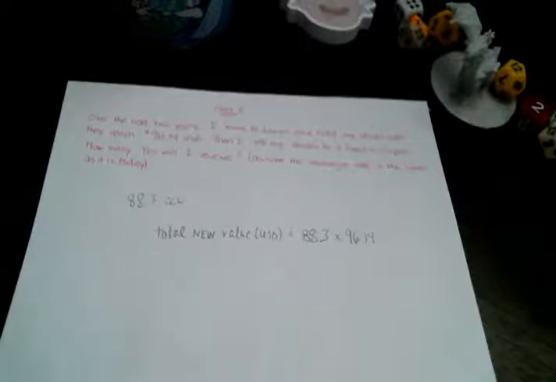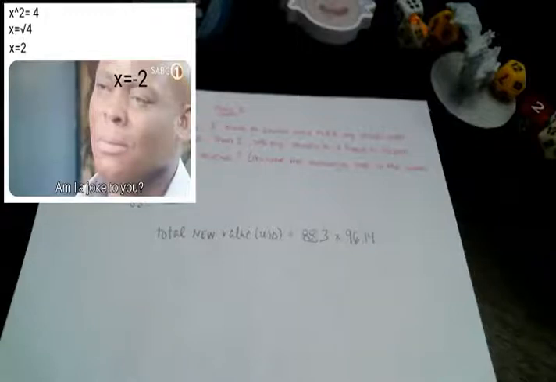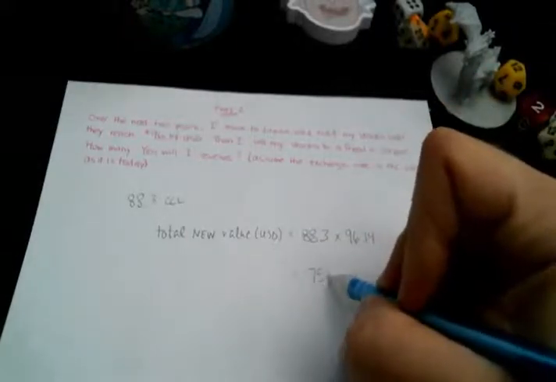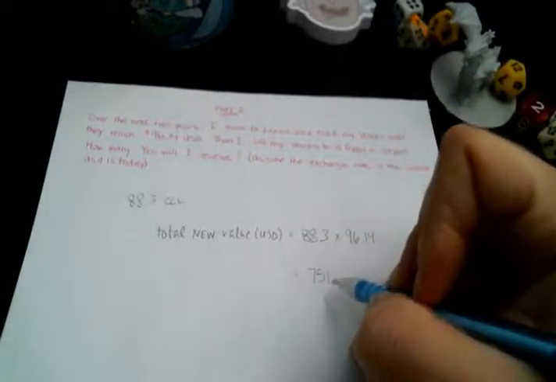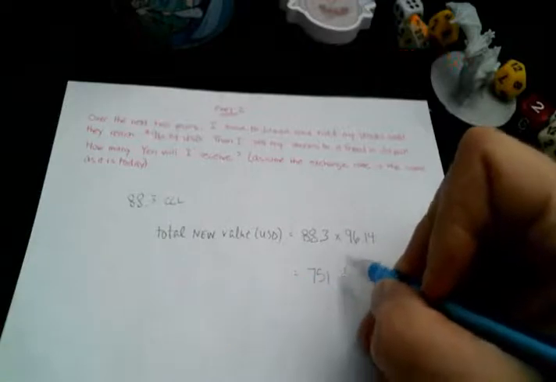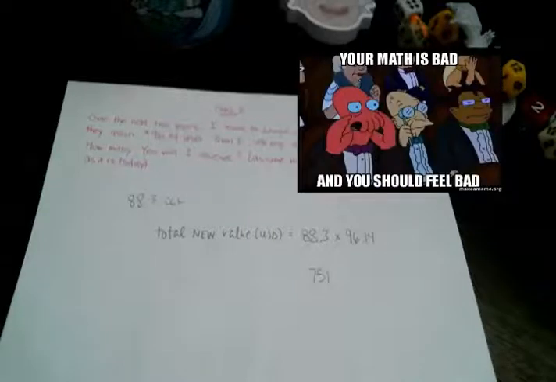Let's see, 88.3 times, nope, that's not 0.3, 88.3 times 96.14, that gives me 751,000, and that can't be right. 88.3 times 96.14.